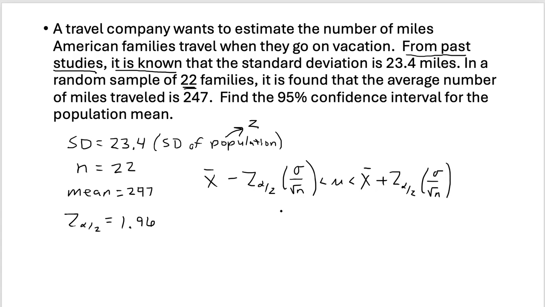All right, so I'm going to plug my numbers in. My mean is 247, so that'll go first. My z-score is 1.96. My standard deviation is 23.4. And my sample size is 22. And then I'm going to do the same thing on the other side, but I'm going to put a plus sign instead of a minus sign.